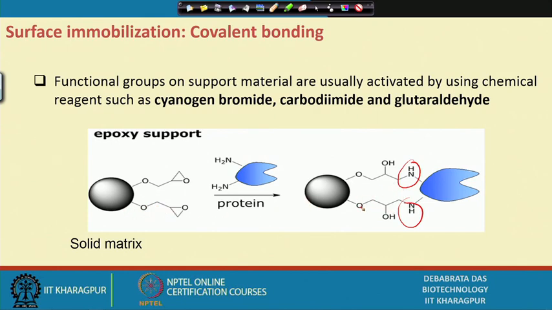This is the functional group on the support material, usually activated using chemical reagents such as cyanogen bromide, carbodiimide and glutaraldehyde. One disadvantage of this process is that with any kind of covalent bonding, we use a lot of chemicals, and due to the use of a lot of chemicals, there is every possibility the enzymes will lose their activity. This is one major drawback of covalent binding.